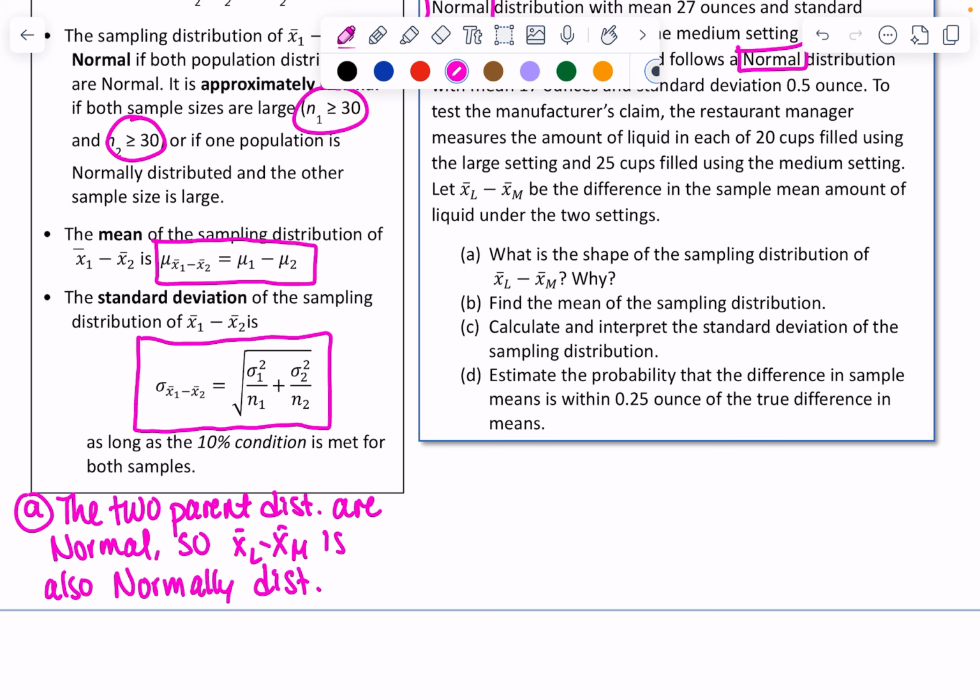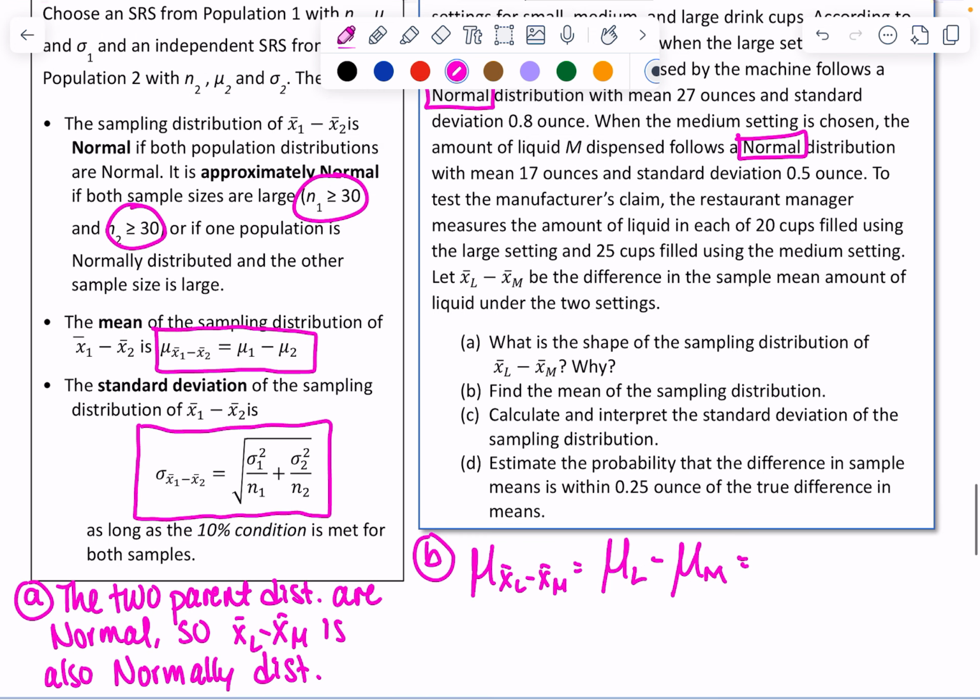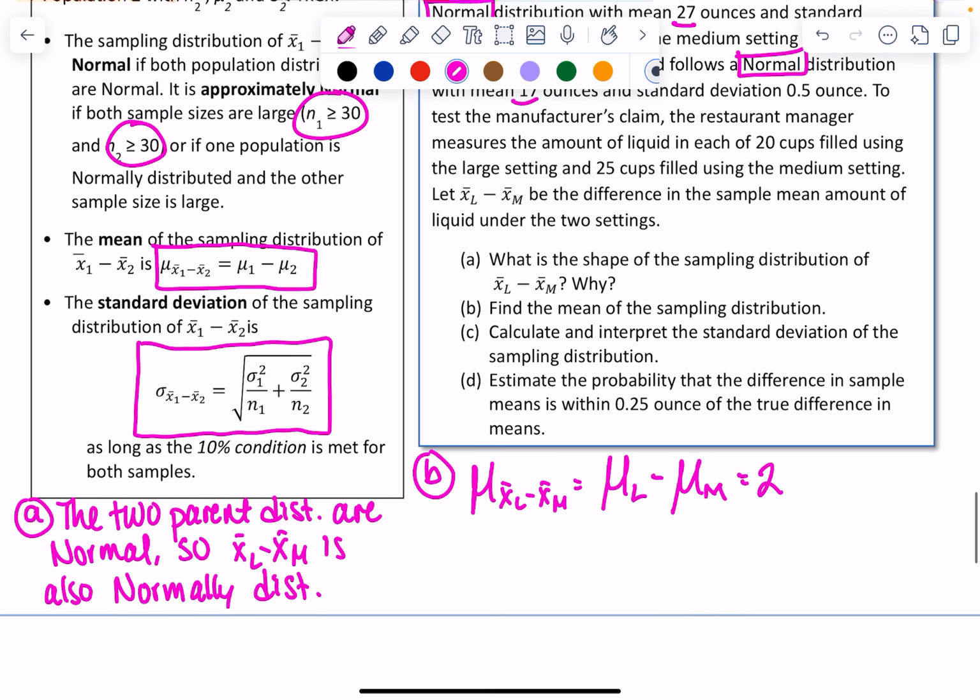Okay. Part B, find the mean of the sampling distribution. The mean of X bar L minus X bar M is just whatever the mean for the large cups was minus whatever the mean for the medium cups was. So the large cups had an average of 27 and the medium had an average of 17.